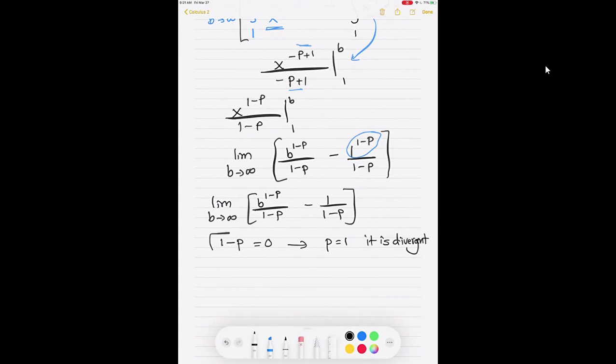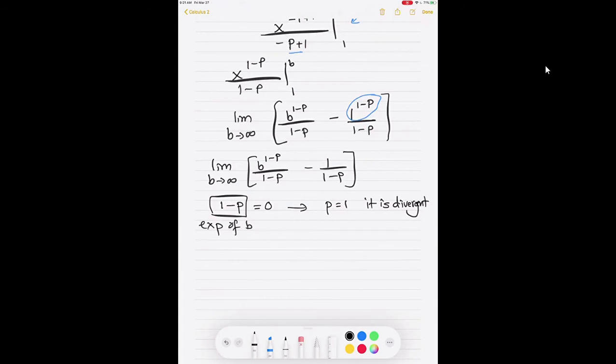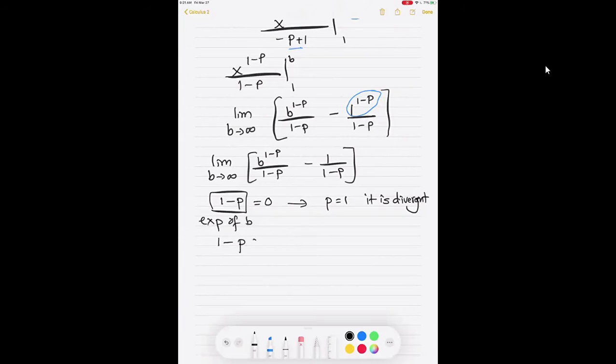And what is 1 minus p? I'm going to say this is the exponent of b. So I'm just trying to go into cases. What if the exponent of b is 0? Then we already have that. What if the exponent of b is positive? That means 1 is greater than p, or p is less than 1.